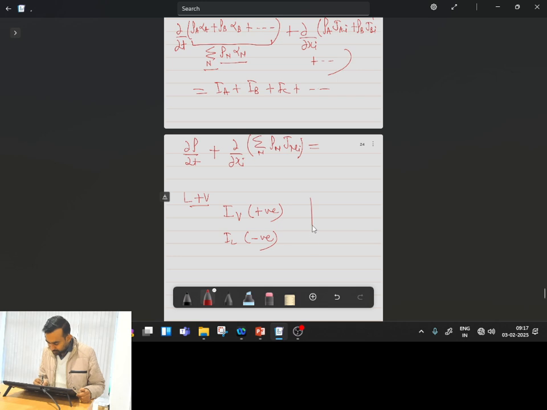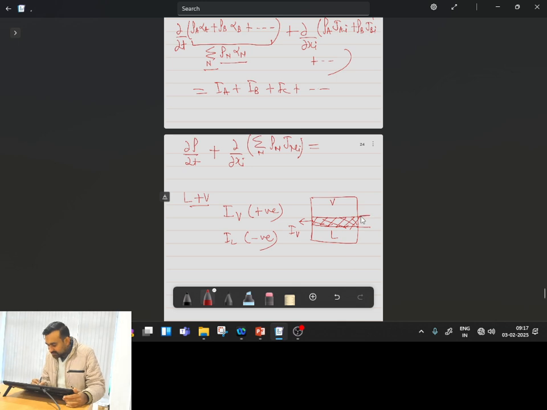I have used the wrong notation. Say this was the original situation, this was my liquid and this was my vapor. Now because of the boiling phenomenon, if this much mass of liquid has been converted into vapor, this will be my IV amount, which has been converted into vapor because of the phase change. Now if you see, liquid mass has decreased by what amount?